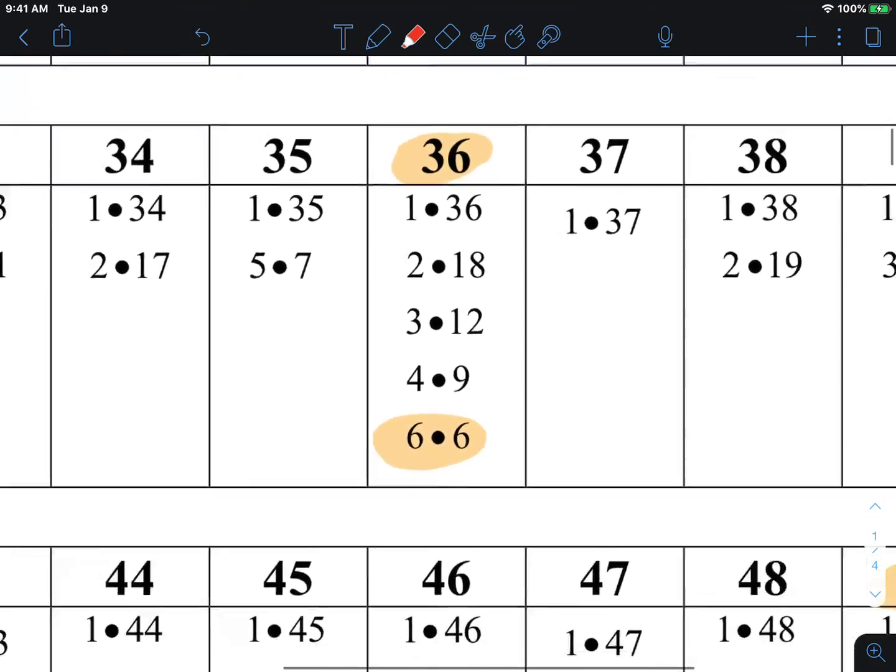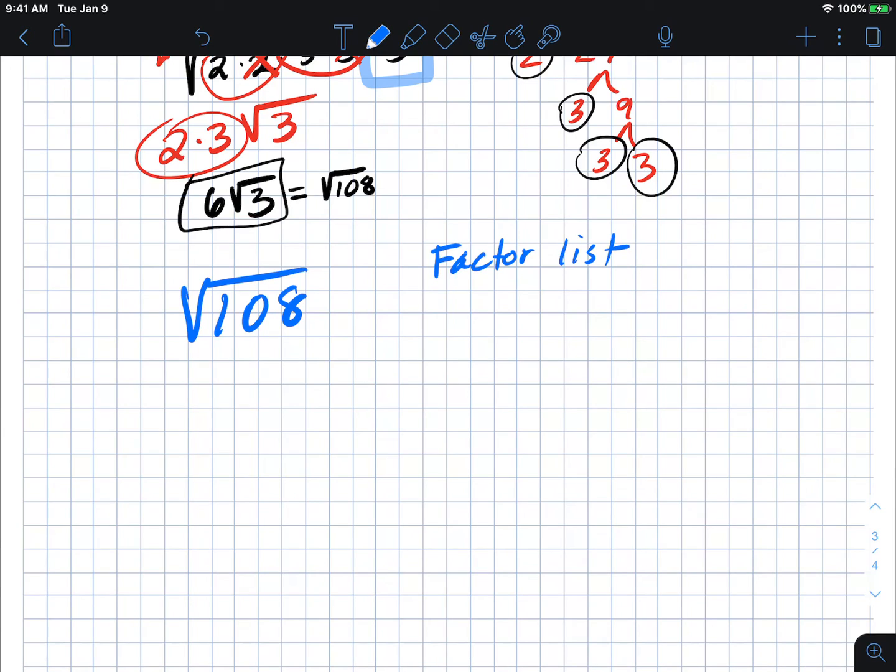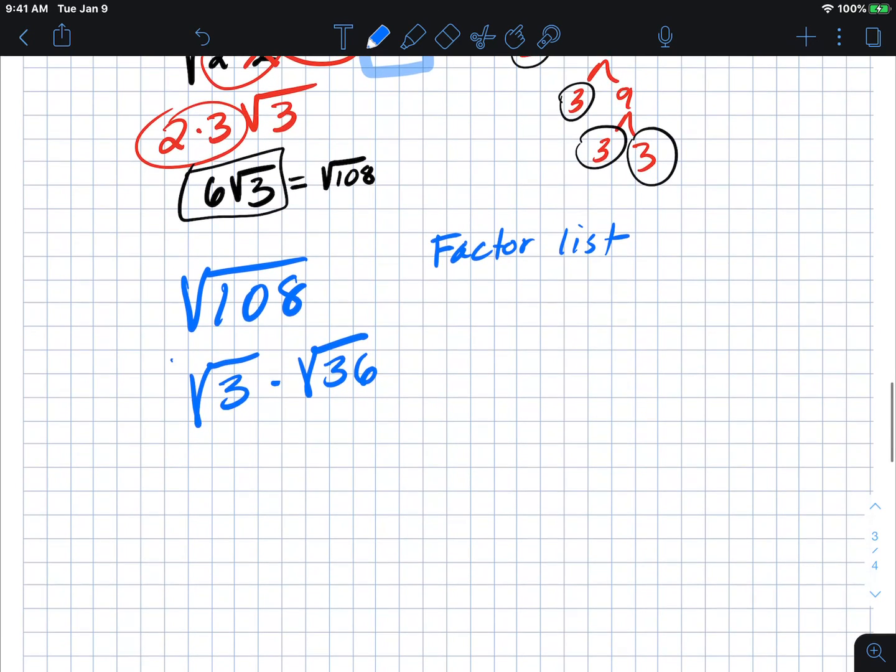6 times 6. Okay. So when I'm thinking about this 108 as a square root, it's like the square root of 3 times the square root of 36. When we have radicals that are the same index number, in this case, when there's no number there, they're automatically a 2.